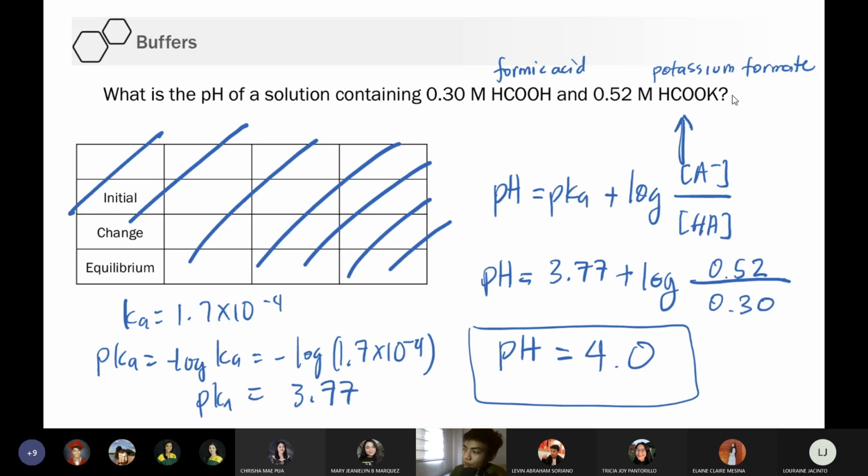Okay, so yun lang. Usually sodium or potassium ang gamit na metal. Okay, so once na na-determine mo na ito yung acid, ito yung conjugate base, palagin mo na lang yung concentrations nila sa Henderson-Hasselbach equation. And this is the pH of your buffer.